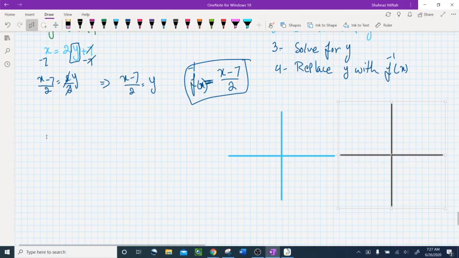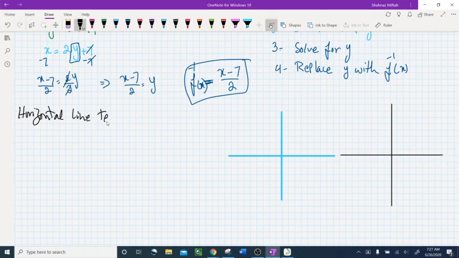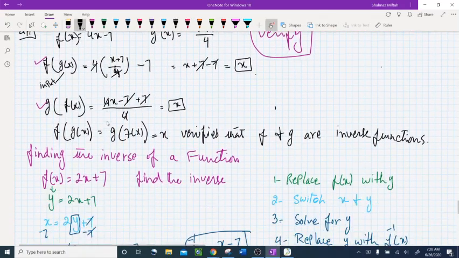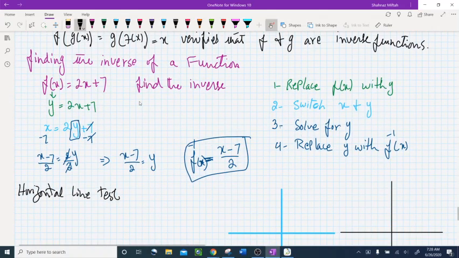I'm going to move those and let's see the horizontal line test. For example, if in the above examples they give us functions, then we can verify by doing this. We can find the inverse by following these 4 steps.